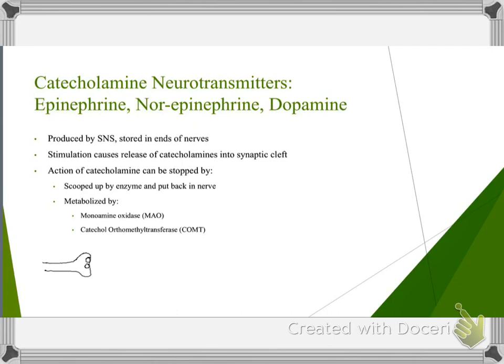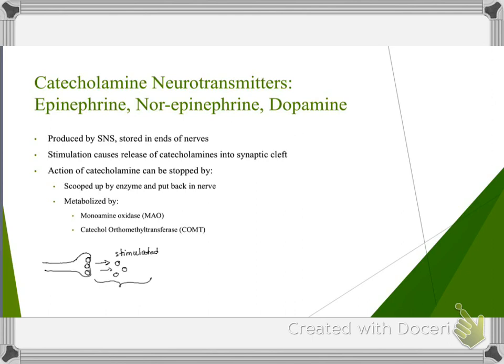They just hang out right here at the ends of nerves, okay? When a nerve is stimulated, they release these catecholamines, these neurotransmitters, okay? So this is stimulated, so they're released into the synaptic cleft.